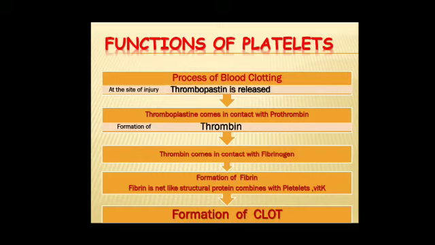Fibrin is a net-like structural protein which combines with platelets and vitamin K, forms a clot, and thus arrests bleeding. So friends, this is the important function of platelets, which helps in the process of blood clotting.